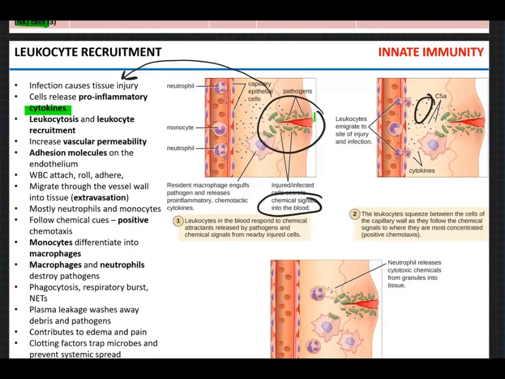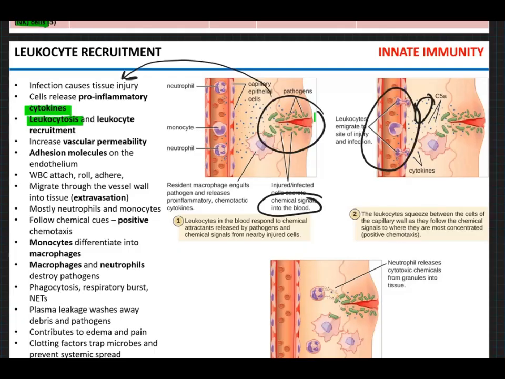Importantly, they reach bone marrow and stimulate leukocytosis. So now we have increased levels of white blood cells. Make sense? So these white blood cells get in the bloodstream, and now they have to determine where the infection is. So you see these leukocytes emigrating to the site of infection.